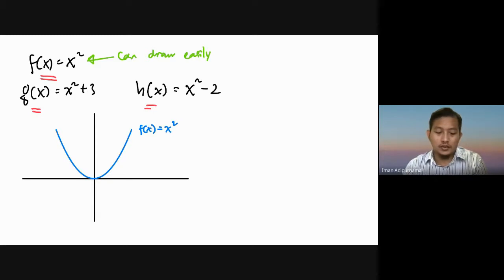Okay, now to draw the g and h, we just need to move the functions. Okay, so next time when you read some questions in calculus or other mathematical problems, you can see you probably have a function, blah blah blah, and then you can have the original one without any additional constant.